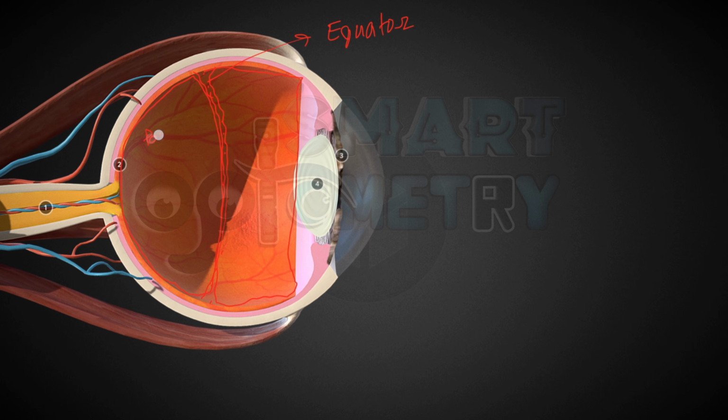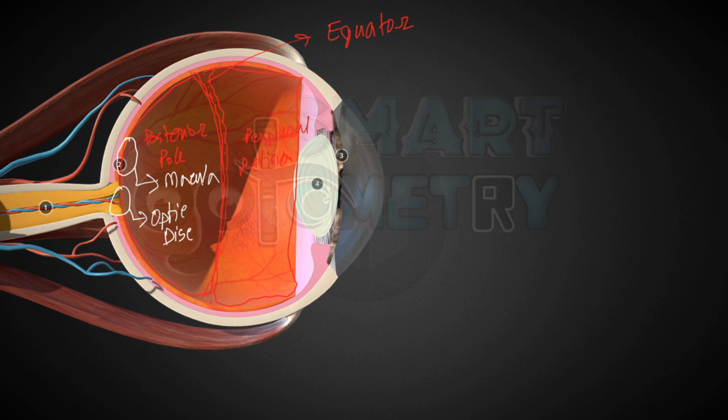So this portion is the posterior pole and this portion is the peripheral retina. In the posterior pole, we have two important structures, that is the optic disc and macula.